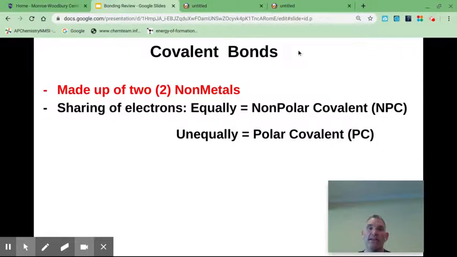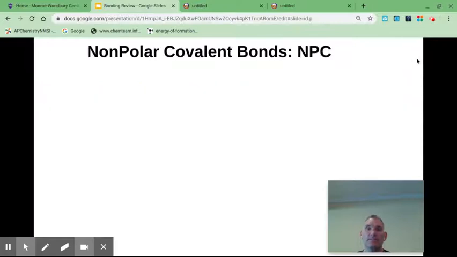So for covalent bonds, we need to know the difference between these two sub classifications. Because again, if I'm dealing with like dissolves like, polar is not the same as non-polar, even though they're covalent. For these, it requires a little bit more effort in the bonding process.